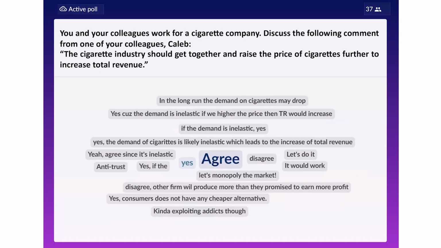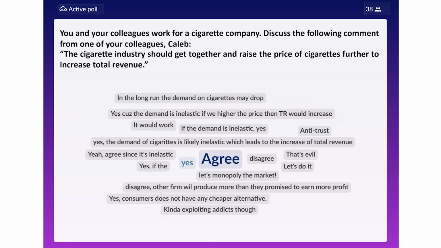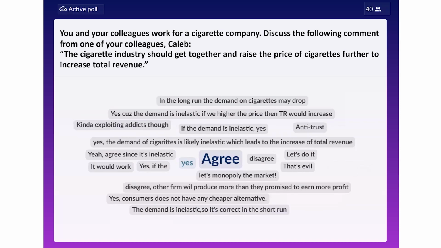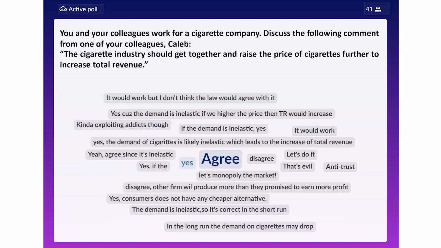So the first thing is that, yeah, at least in the short run, demand is inelastic. So if the whole industry can raise the price of cigarettes together, then total revenue will go up. However, remember that in the long run, demand will be more elastic compared to the short run. So you can imagine that total revenue may not increase as much, and it could even decrease because of the higher price.